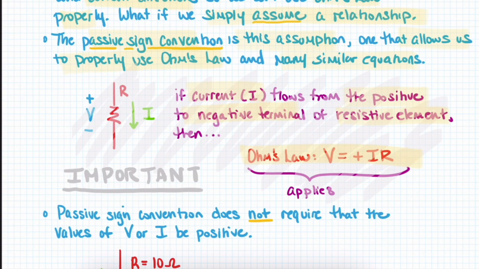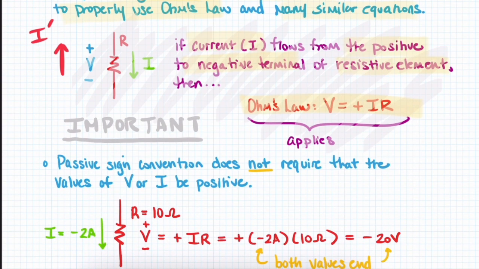Now, we could define another current here, which I'm going to call I prime. And we could come up with an alternative form of Ohm's law, which would be V equals negative IR. You don't have to use the passive sign convention. You can find alternative ways.